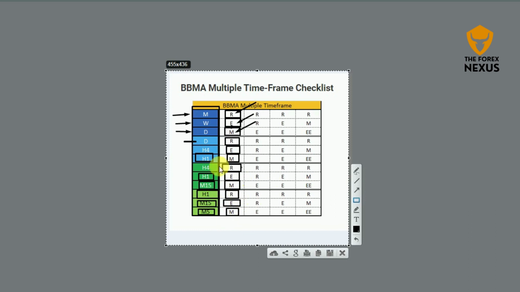If this criteria meets on any time frame, suppose on monthly, we need extreme on weekly, daily MHV. If the re-entry is on daily, we need extreme on H4. If the re-entry is on H4 time frame, we need extreme on H1, MHV on M15.